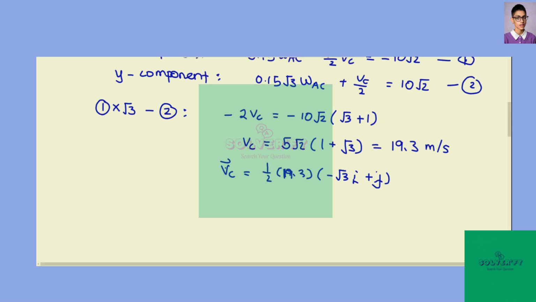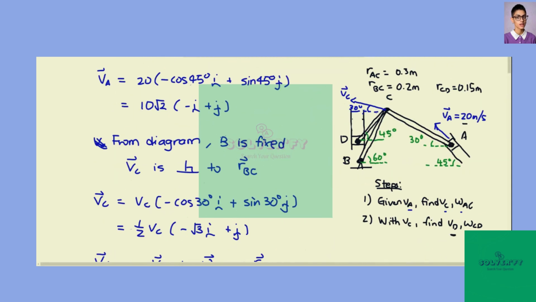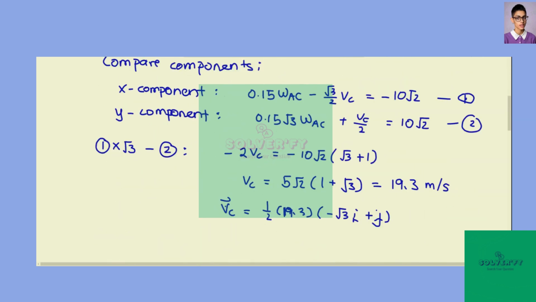Back to the diagram. After finding VC, we can find VD. We know that VD is going to move along the j direction.